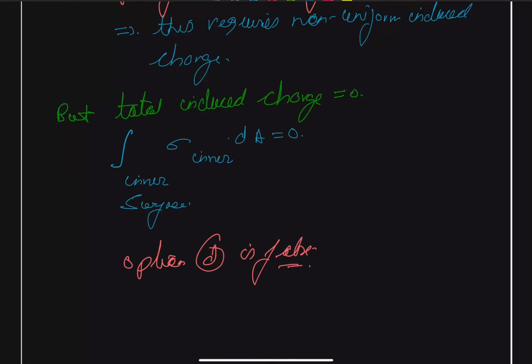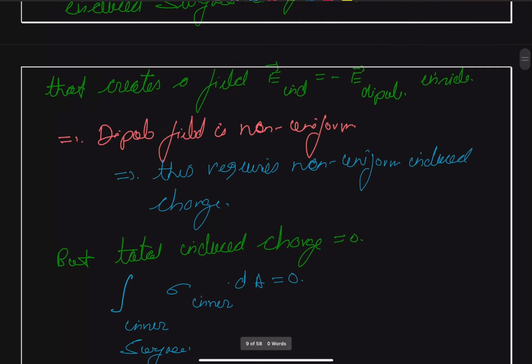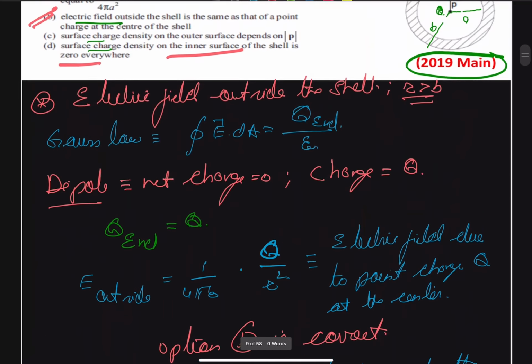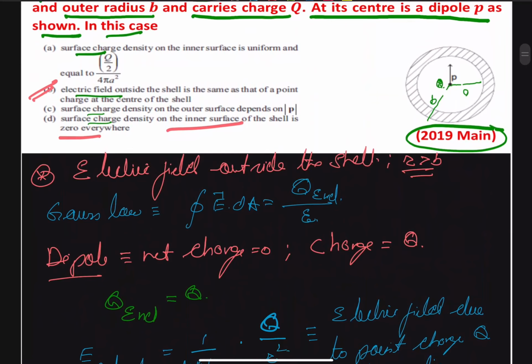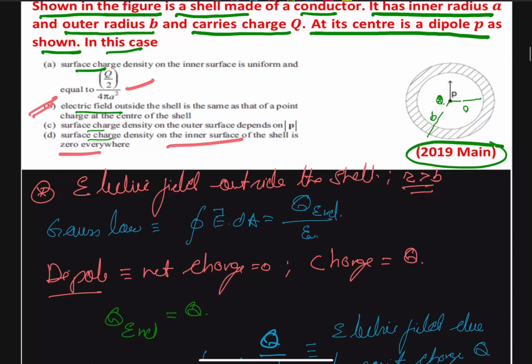And next is the statement that the surface charge density on the inner surface is uniform and given as q by 2 upon 4 pi a square. But we have already shown that the net induced charge on the inner surface is 0. So the surface charge density is not uniform, or we can say not equal to any expression that includes this q.